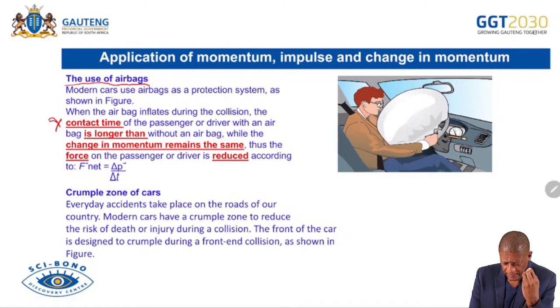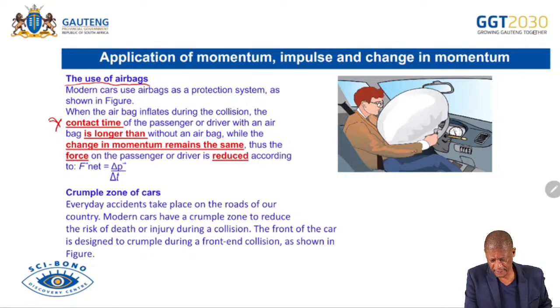Without an airbag, the contact time of the passenger or driver is shorter. With an airbag it is longer, that is, it increased, while the change in momentum remained the same.